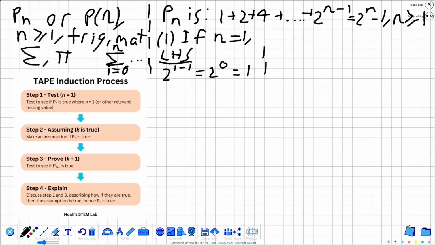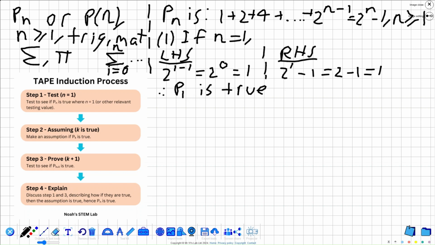Then if we create a little divider here, we've got the right hand side: 2 to the power of n minus 1, so 2 to the power of 1 minus 1, which equals 2 minus 1, which also equals 1. So we can say, therefore, P1 is true. Very simple so far.